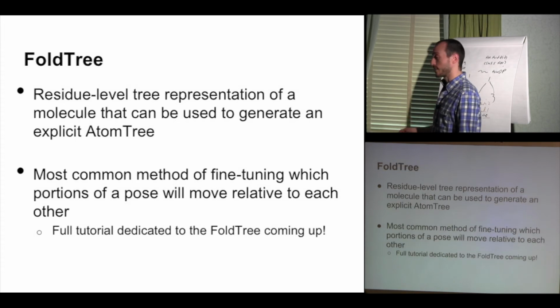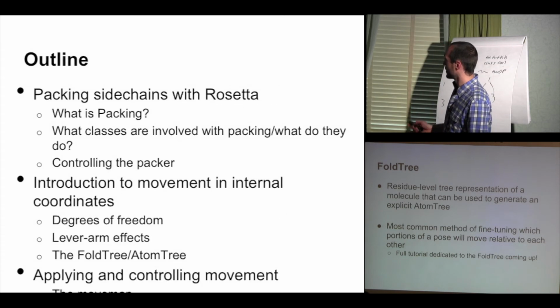Okay, so that's the atom tree. The FoldTree is a residue level representation of a molecule that can be used to generate the atom tree. The FoldTree is easier to work with because it's a little bit more conceptual, and we're going to go through a detailed example of that in the afternoon after this.